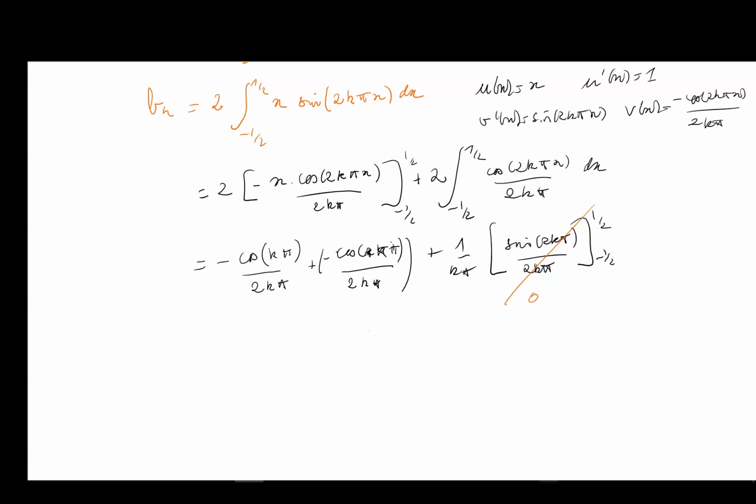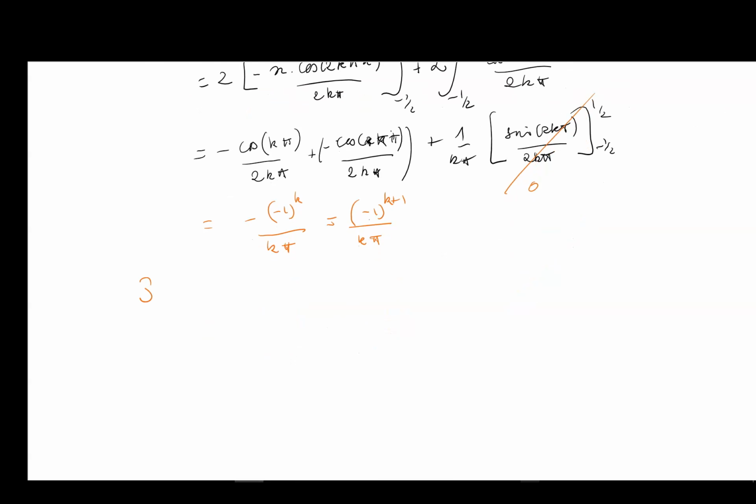And here we get minus cosine of k pi, which is minus 1 to the power k, and I've got 2 of those, and I divide by 2k pi, so that's making divided by k pi, so which is actually minus 1 to the power k plus 1 divided by k pi, right? So that's my sum, my series.